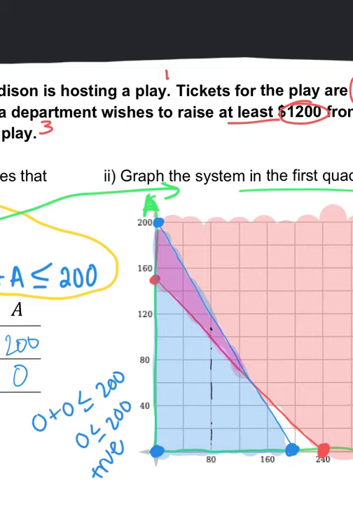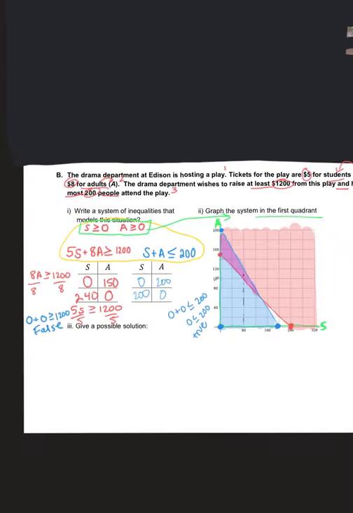And then this is going by 20s. So this would be 100. So let's say maybe 80 and 110. Let's see if that works. So that's a possible solution, maybe.